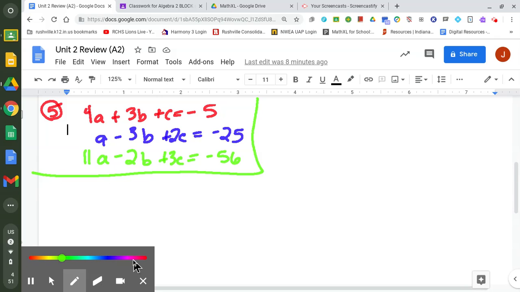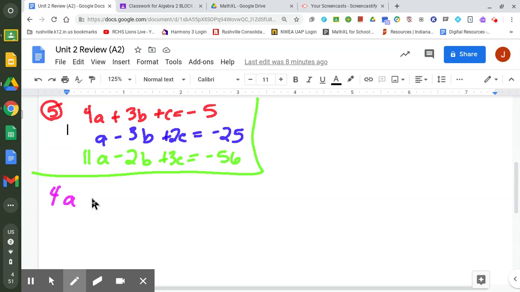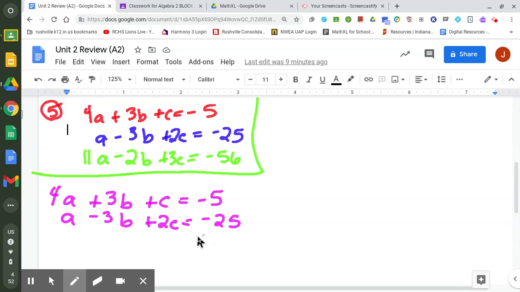Now you can do these in different order, whatever you see is easiest, but we're going to get rid of the b's on this one. So I'm just going to take equation 1 and equation 2, and because they're already set up nicely to eliminate, I'm going to go ahead and do that.